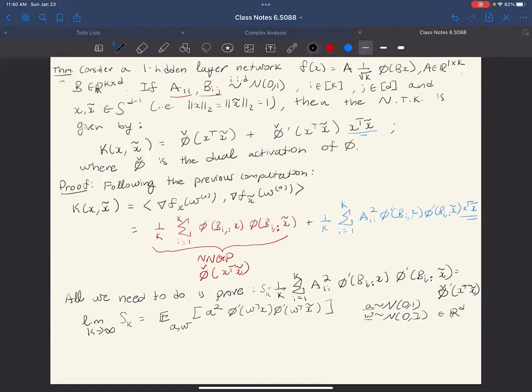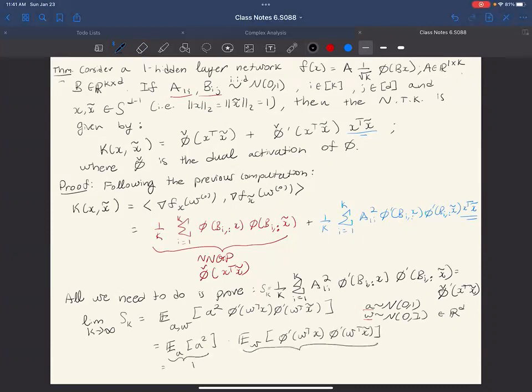And so when you have an expectation of a product of independent random variables, you can just separate it into the product of their expectations. And now remember the expectation of A squared is just 1. So this is going to be the expectation of A squared times the expectation of phi prime W transpose X, phi prime W transpose X tilde. So this part is just 1.